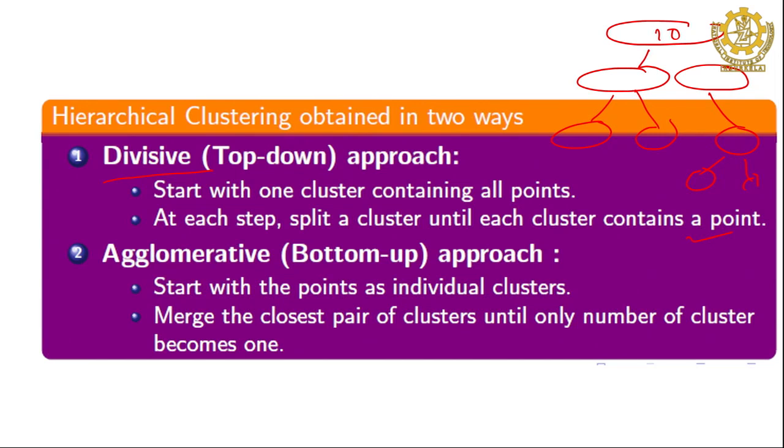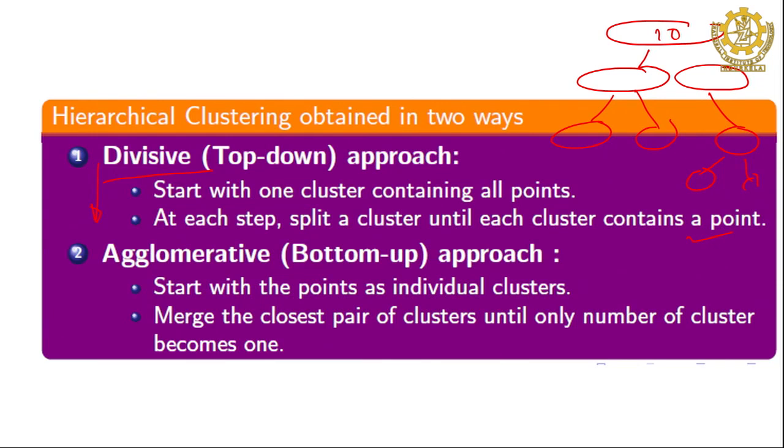So, this is called the divisive approach. We talked about a k-means variant, that is bisecting k-means. Bisecting k-means is a typical example of the divisive approach. You start with a big cluster and then divide it into 2, and then at the next level you divide it into 3 and so on.